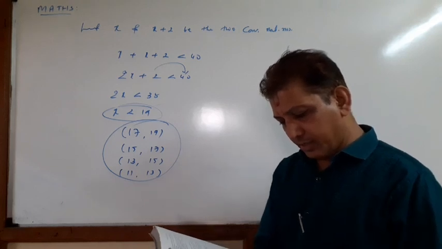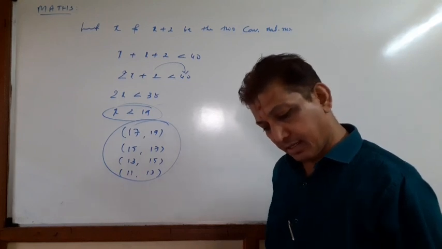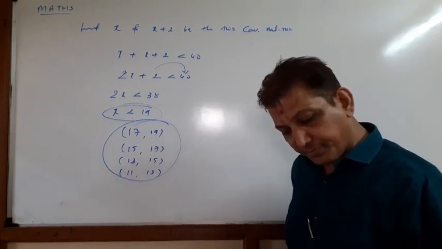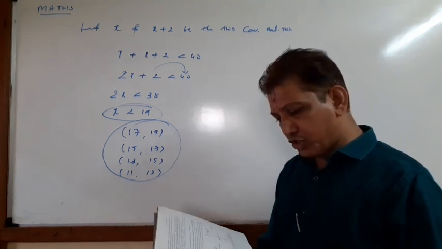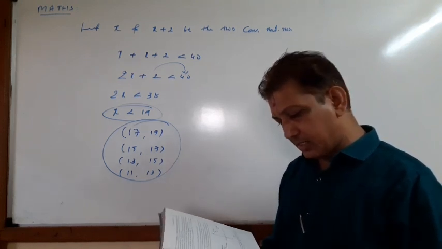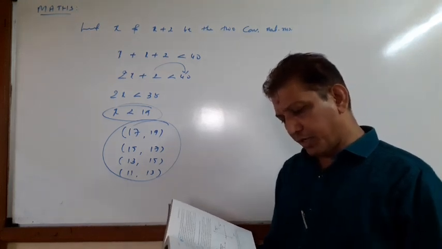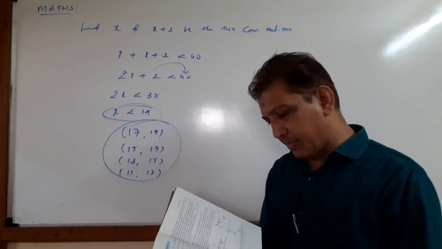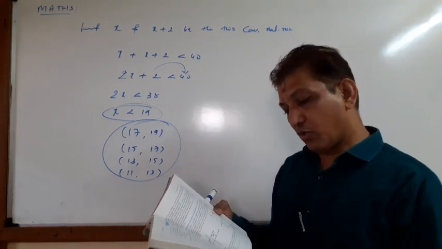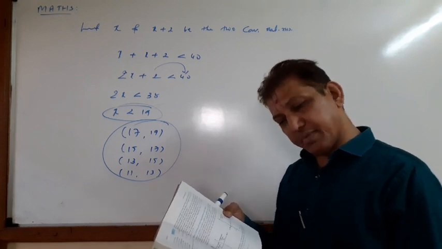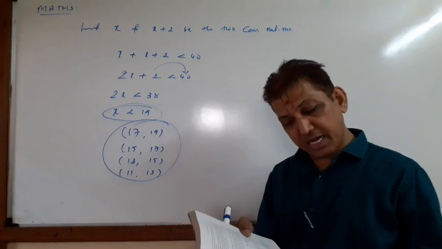Okay, question number 22, Exercise 6.1. To receive grade A in a course, one must obtain an average of 90 marks or more in 5 examinations, each of 100 marks.